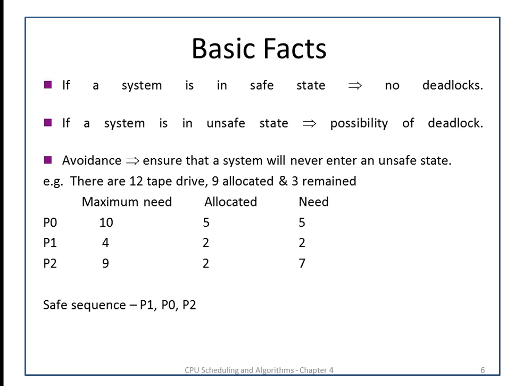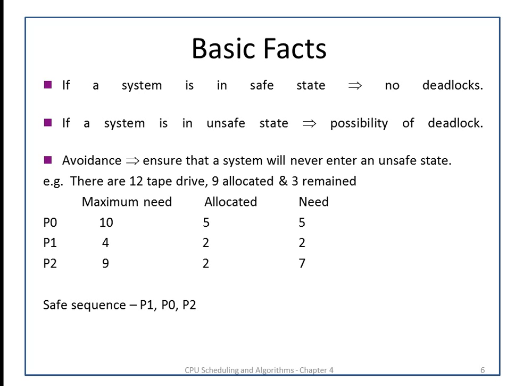For example, we can have the situation that there are 12 tape drives and 9 allocated tape drives among the 3 processes P0, P1 and P2, and 3 tape drives remain.